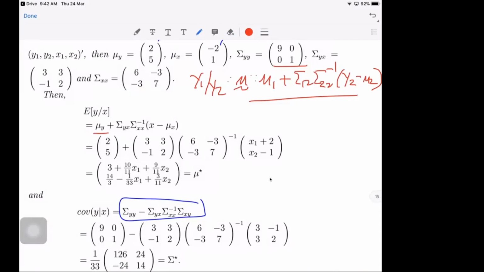So in subdividing our v as y1, y2 and then x1, x2, the mean of that will be the mean of y and the mean of x.